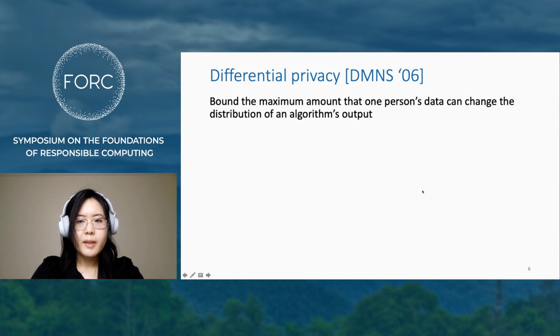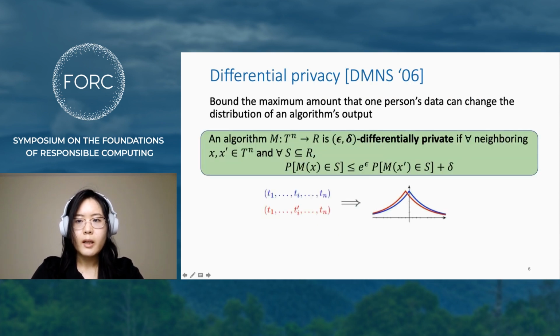Informally, differential privacy bounds the maximum amount that one person's data can change the distribution of an algorithm's output. Formally, we say that an algorithm is epsilon-delta differentially private if for all pairs of neighboring databases that differ in only one person's data, the distribution over the output must be approximately the same, except with a small probability delta.